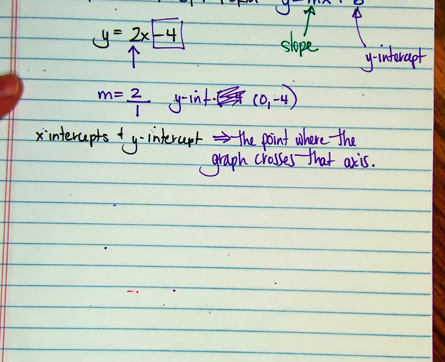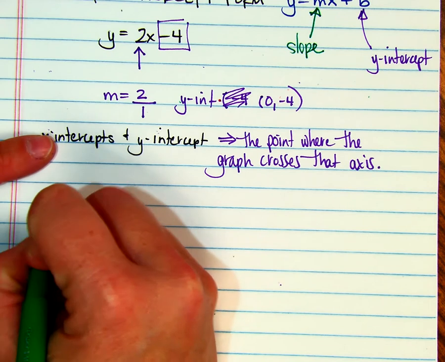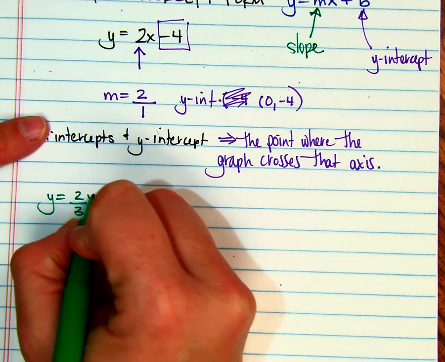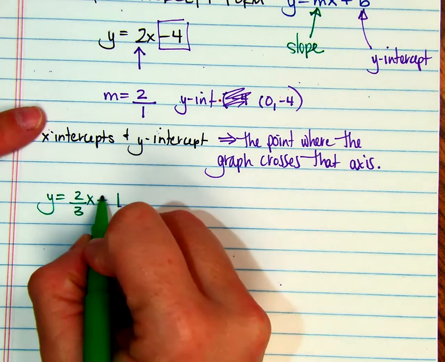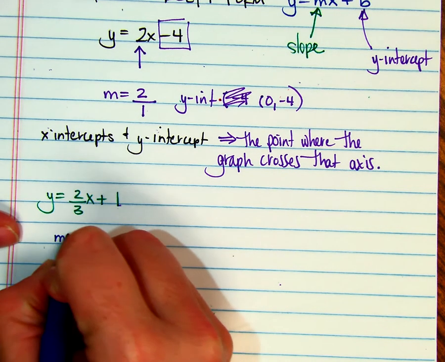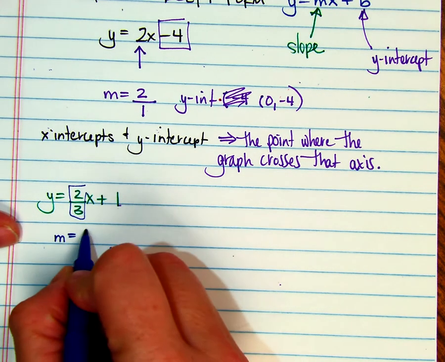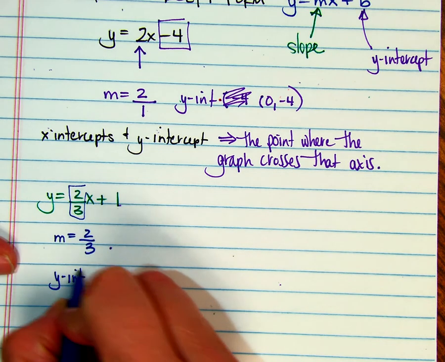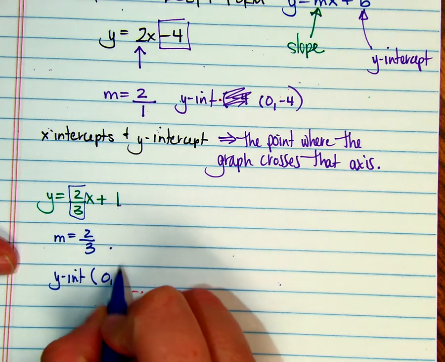So if you have any equation, say y equals 2/3 x plus 1, from there we can pull out the slope, which is 2/3. And then the y-intercept is 0, 1.